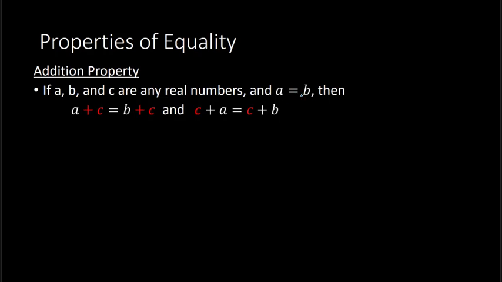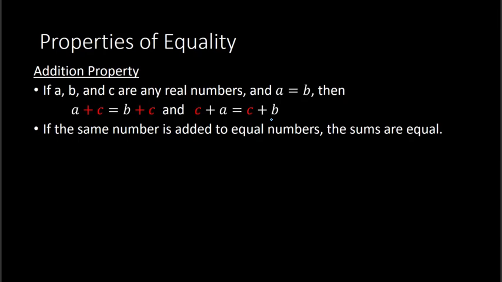So I can add c to both sides and still have a true statement. So I have a plus c would equal b plus c. And also I can change the order of addition. So instead of a plus c, I could have c plus a. And instead of b plus c, I could have c plus b. So bottom line, you can add the same thing to both sides of an equation.